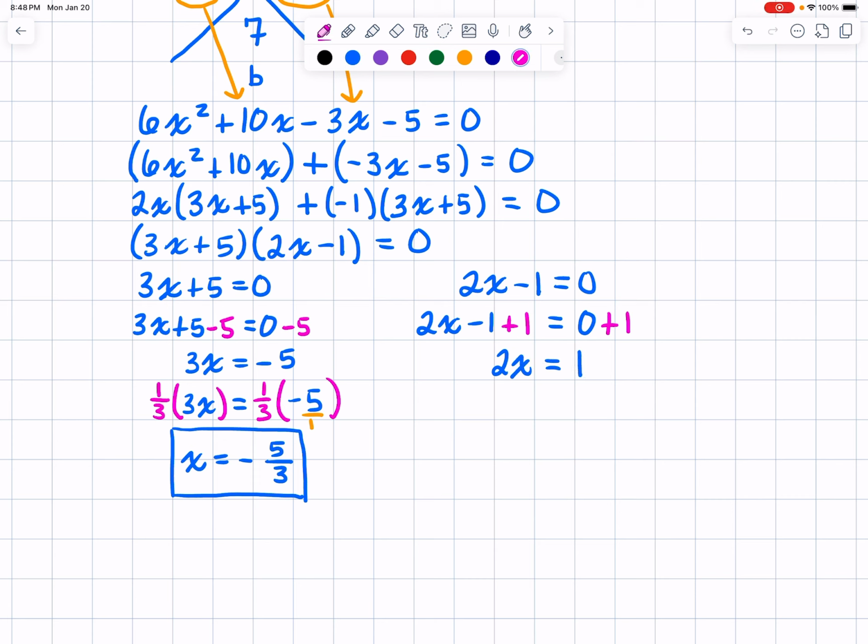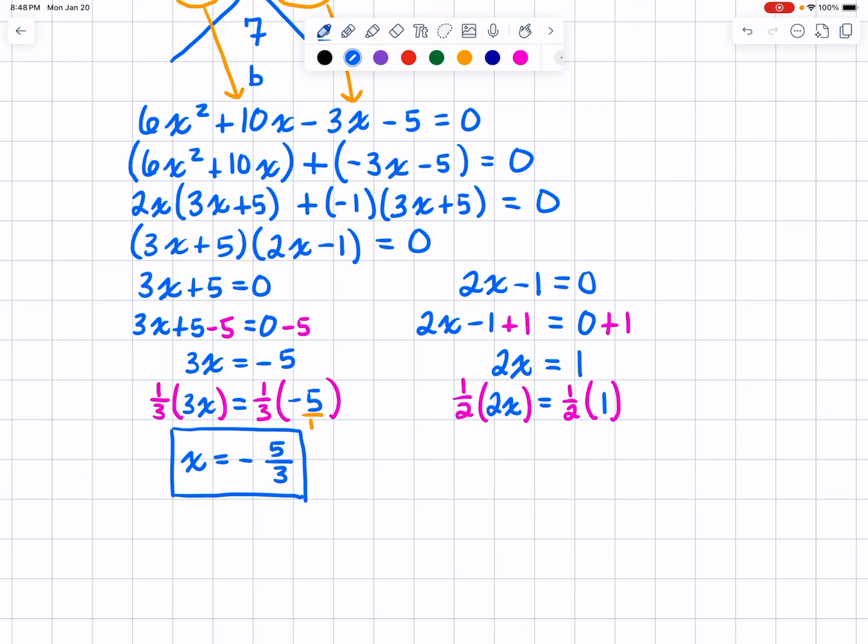Now we want to multiply both sides by 1/2 to get rid of that 2. So I'm going to go 1/2 times 2x equals 1/2 times 1. On the left-hand side, 1/2 times 2x is just going to give us x.